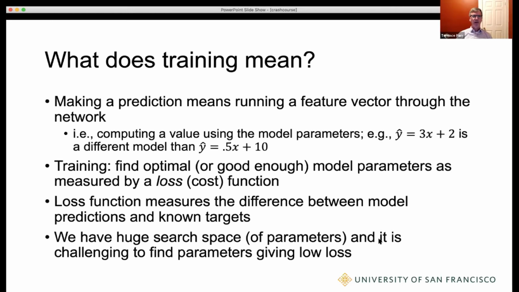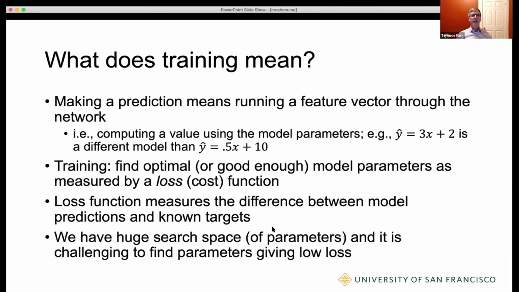Yeah, exactly. So it's a function of what you're predicting and what it should be. Typically, it's a smooth function and it tells you a lot. It can tell you more than just how close it is to the answer, particularly for classification. Anyway, this space here is very simple. It's just two parameters, W and B, but it could be millions or billions of parameters.